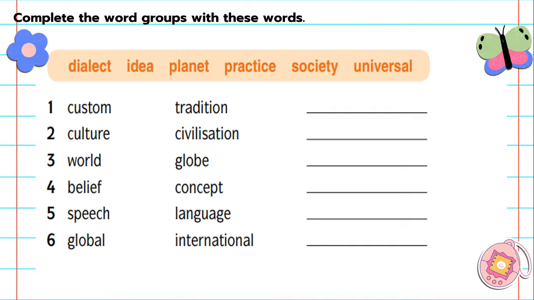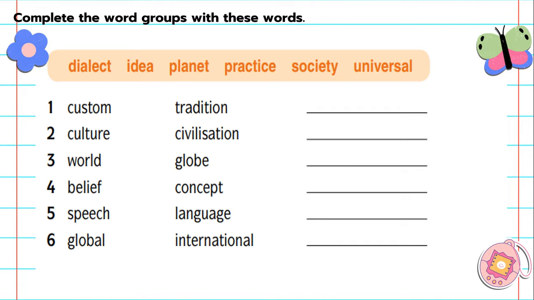Maksudnya, dia mungkin ada persamaan dari segi maksud untuk ketiga-tiga perkataan tersebut. So you read the words in the orange box first. Those words are dialect, idea, planet, practice, society, and universal.